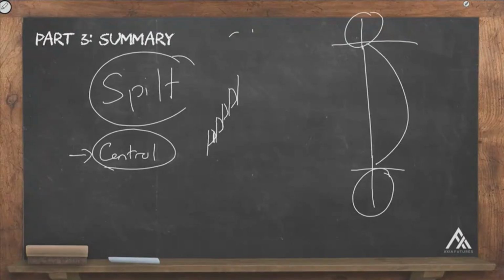Now, if all of a sudden the next candle did something like that and overlapped all 5 of the previous candles, we can see the volatility expanding. So it went from contracting to suddenly expanding.